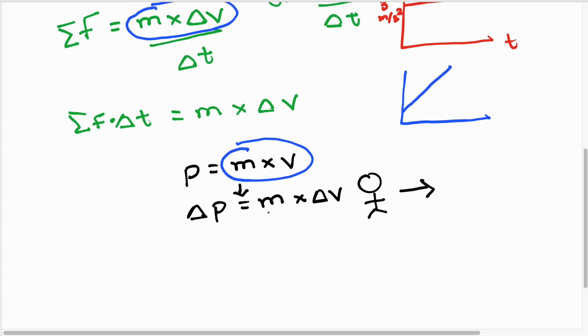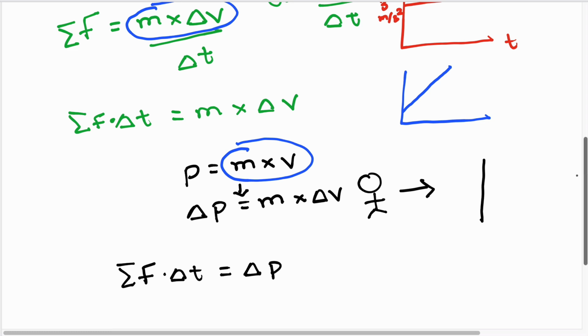So now we can substitute this in for up here. And so we get net force times delta T is equal to delta P. So the net force times the amount of time, and we'll discuss what this time really means, but for now I'll just say the time of impact, that is when the person actually hits the thing.